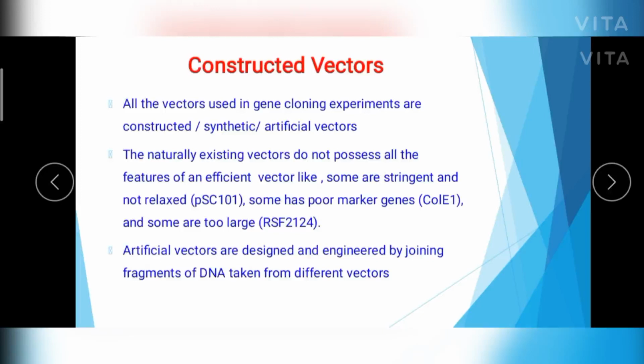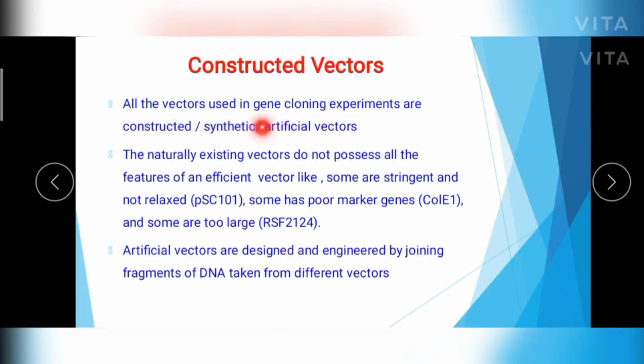So we have seen that vectors are naturally available, like plasmids, phages, animal viruses and plant viruses, and they can be used as vectors, but those vectors are not satisfying all the features which we have discussed.